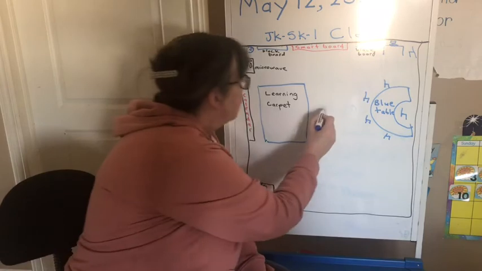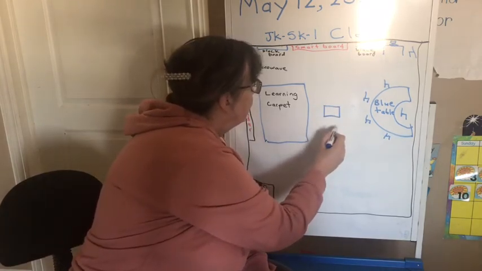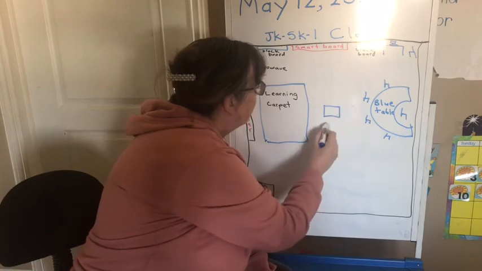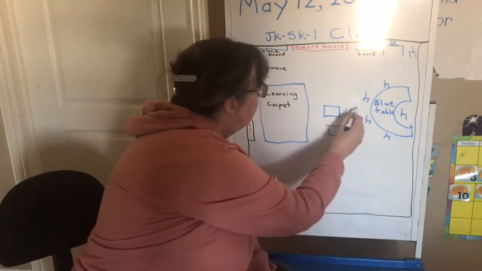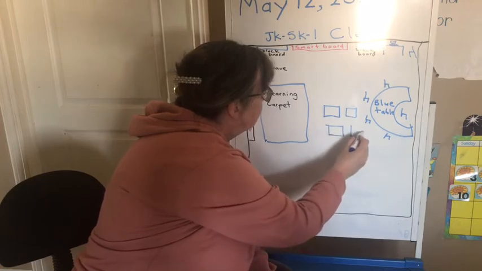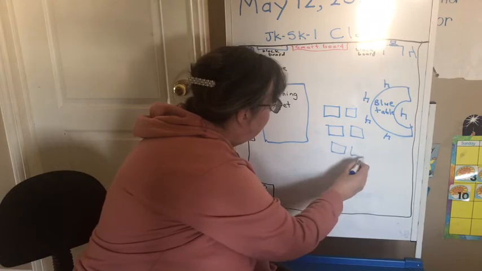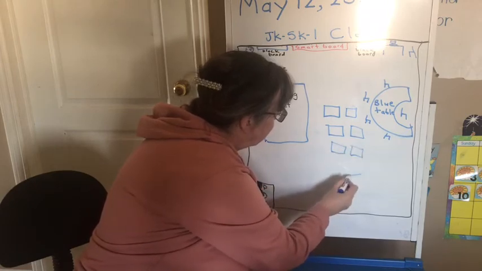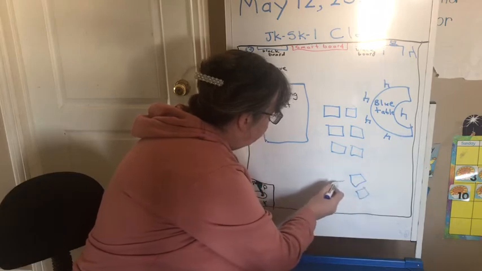Then we have desks. Now to make desks, I think I'm just going to do them like this. I'm going to make squares. I'm not going to make real desks. These are more like symbols. And our desks are usually in twos. And then we also have a line of desks going this way. Right?